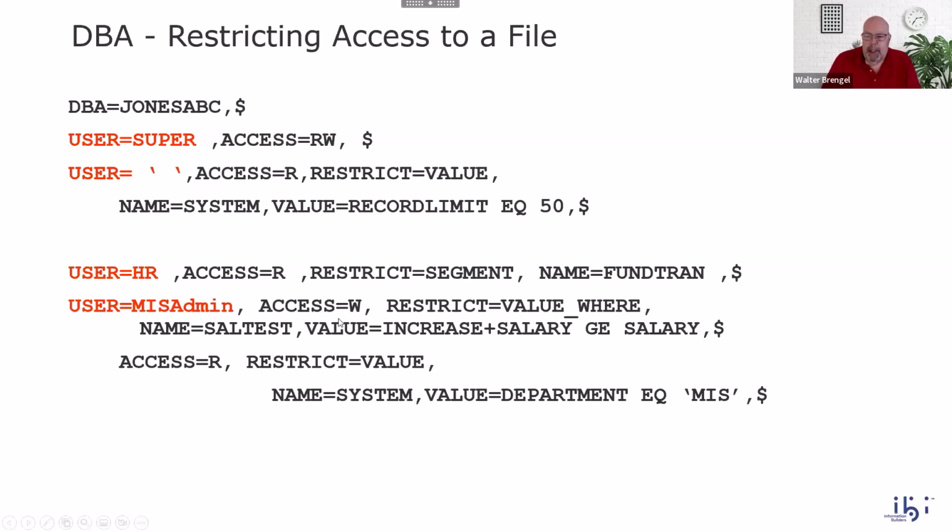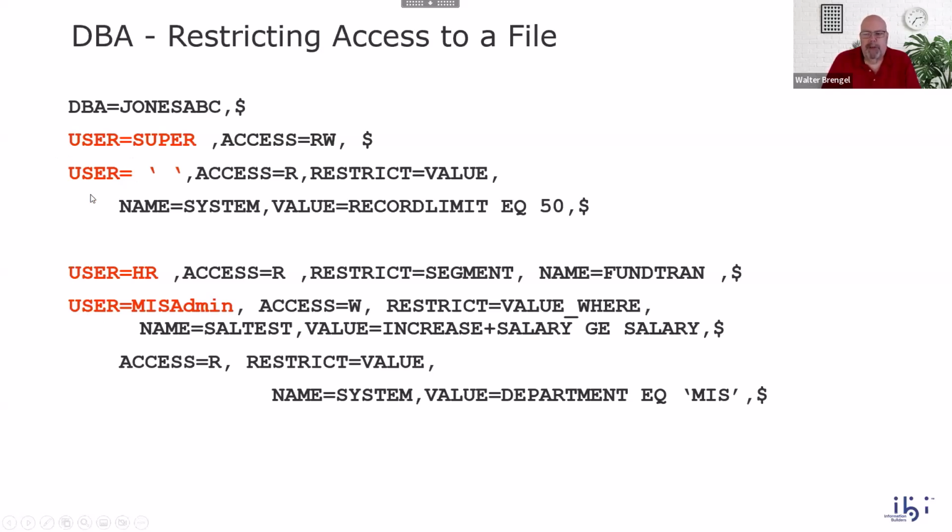Here are some examples of what the DBA section might look like. We have user equals super, which has read-write access to everything because there are no additional components. DBA equals Jones ABC, so if somebody sets the user or the password to that, they will have access to everything. User equals blank says that if they don't come in as a particular user, then they're going to use the user blank.